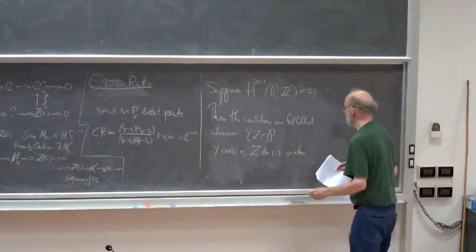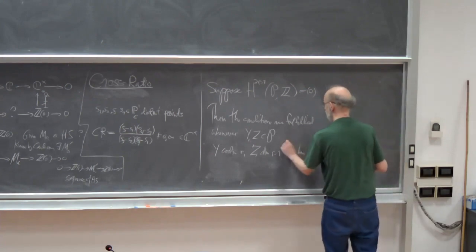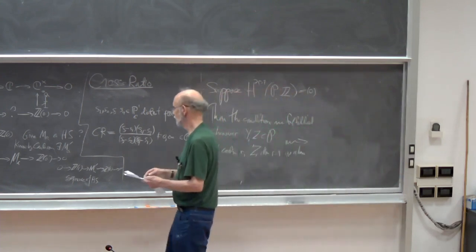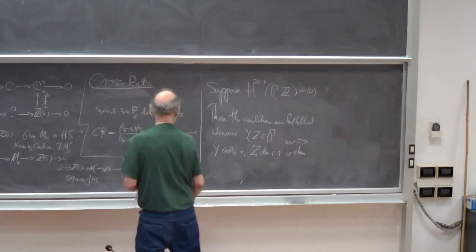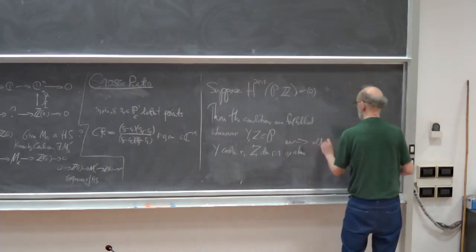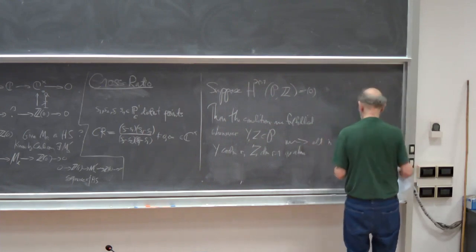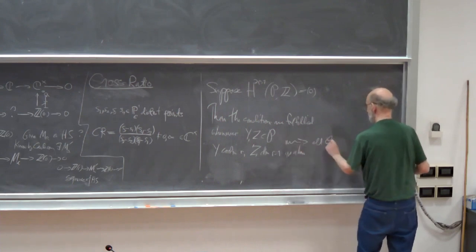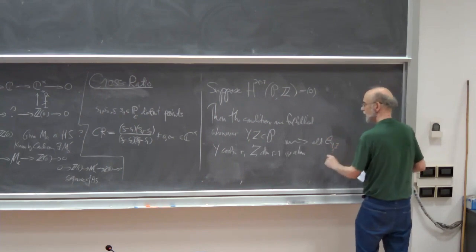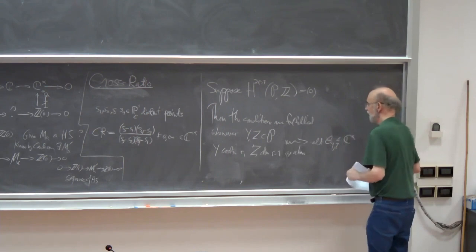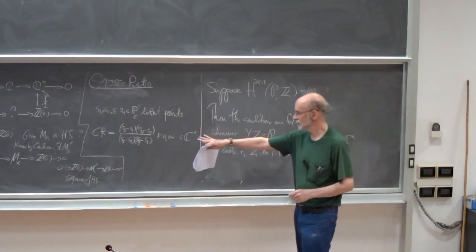We will always get, so this will yield an element, give the element the name E of Y and Z in C cross.